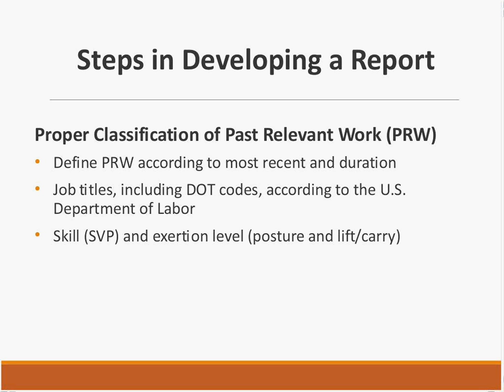And the skill is an SVP code, and that acronym, SVP, is Specific Vocational Preparation. So in essence, you basically have unskilled work, which a person can learn through demonstration only in 30 days. You have semi-skilled work that can run anywhere from 90 days to a year.